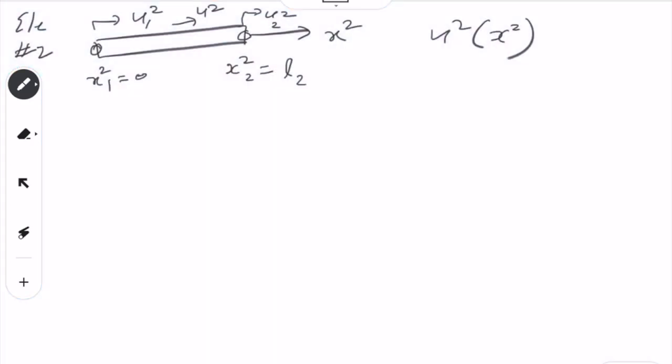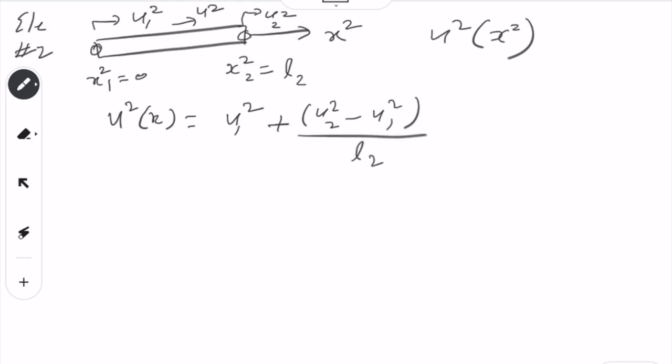We can accordingly interpolate. Now, u2(x) will be equal to u12, meaning u of the second element at node 1, plus (u22 minus u12) divided by L2 multiplied by x2. So, this 2 means node number 2.